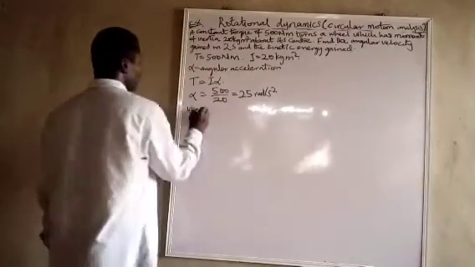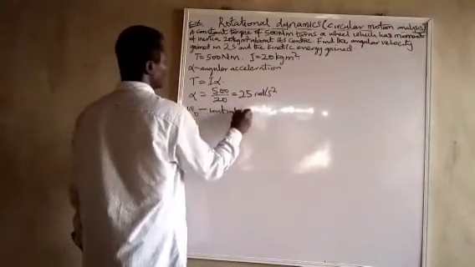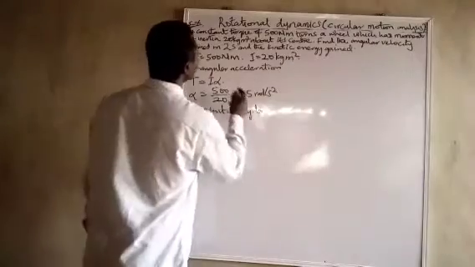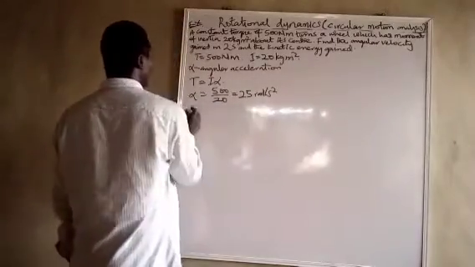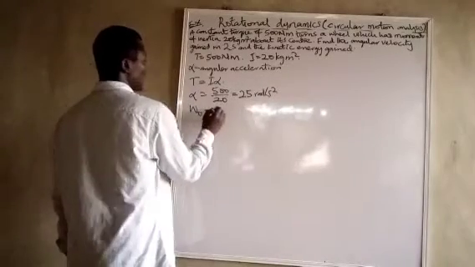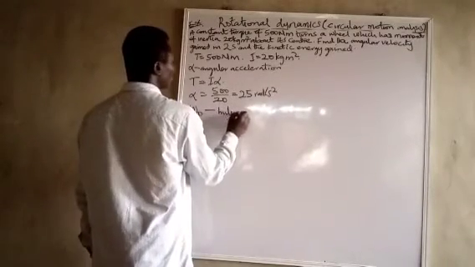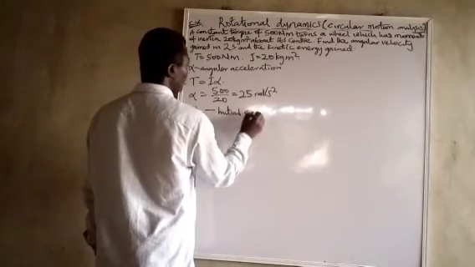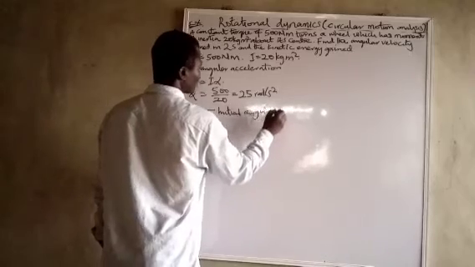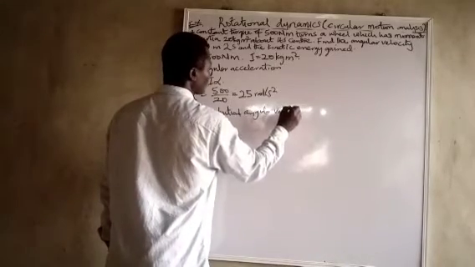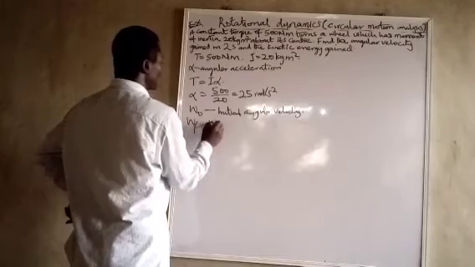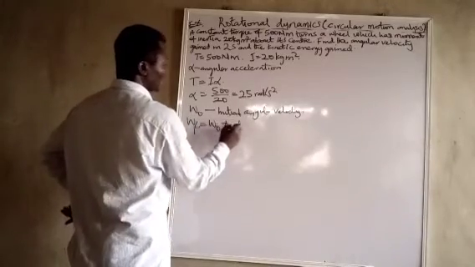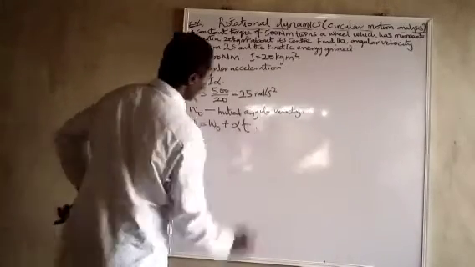Initial angular velocity is 0. Let the initial angular velocity be zero, and we know that final velocity is equal to initial velocity plus angular acceleration times time.